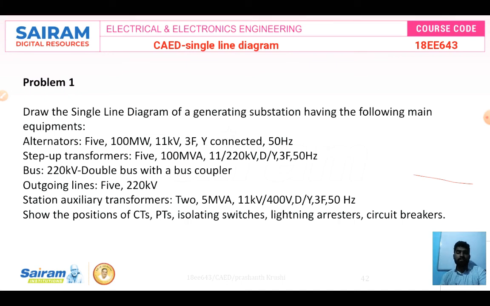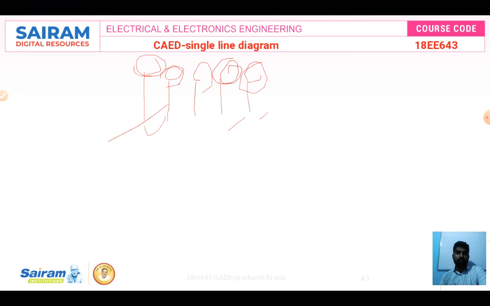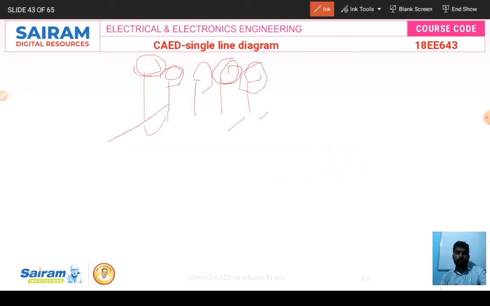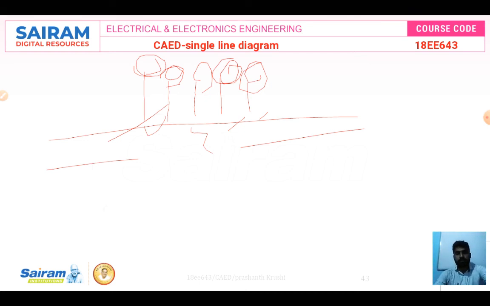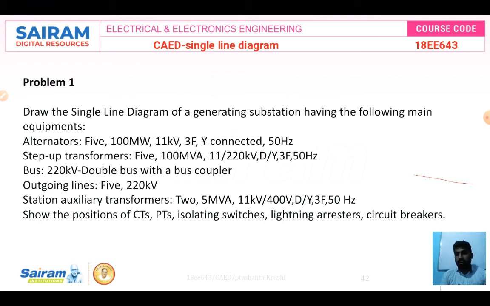Step up transformers are over, and buses 220 kV, double bus with a bus coupler. So we want a double bus bar, like this. Double bus bar with a bus coupler. One bus on a bus, there is a bus coupler. And outgoing lines 5, 220 kilovolts.